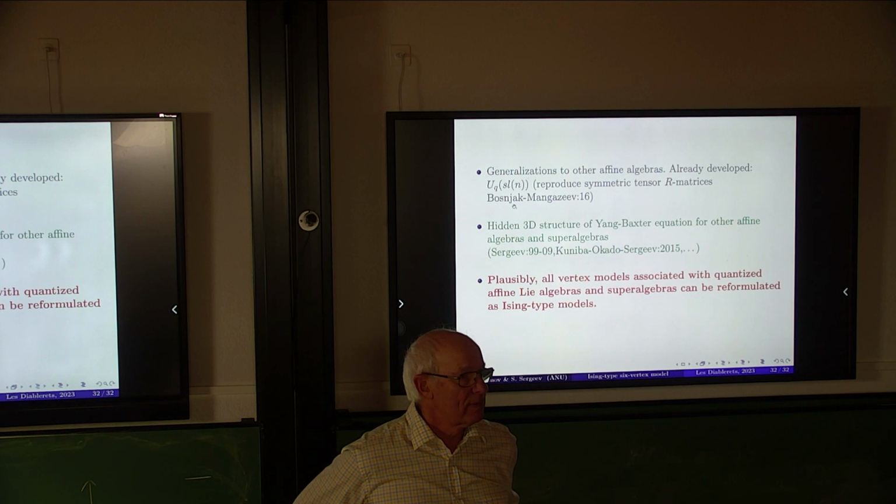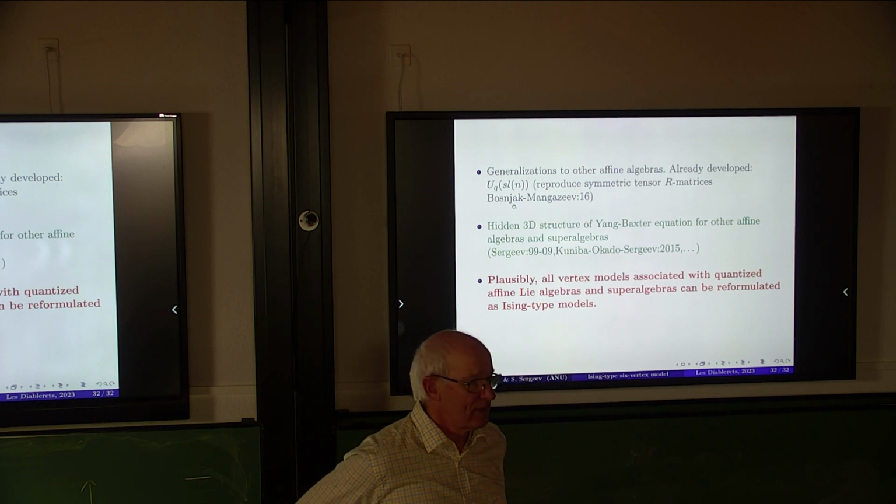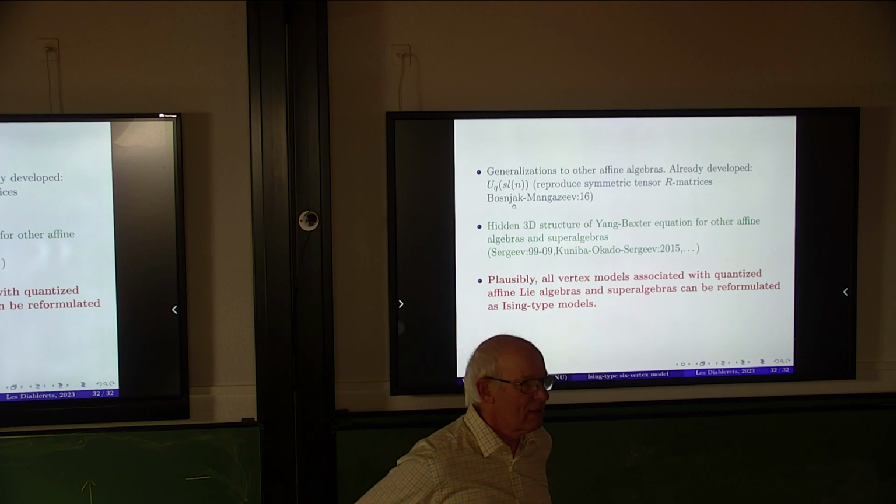That is one thing I was thinking about, but I don't know the answer. A question about the SLN generalization. I think there you need as a target space an (n-1)-dimensional lattice. And a related question: does it make sense to formulate Hamiltonians for these models? I didn't understand the question. For the SL2 case, you have to go up and down a line, a plus 1, minus 1, a plus 2, and so on.